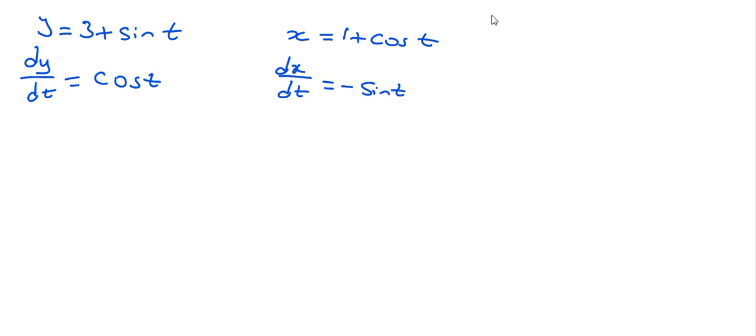Remember when we derive parametric equations, we have dy over dt over dx over dt. Remember these two are going to cancel, and you're left with dy over dx.